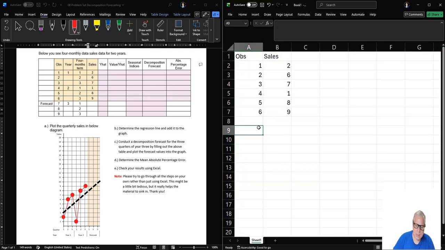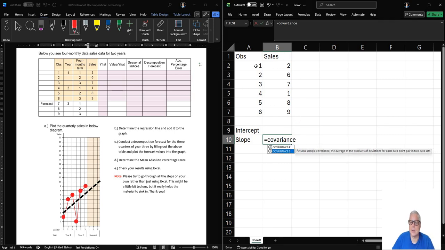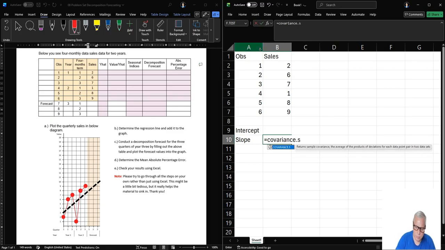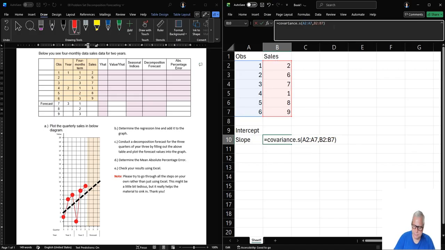So we know that for our data we have the intercept and the slope, and we typically begin with the slope: the covariance between x and y, divided by the variance of x.